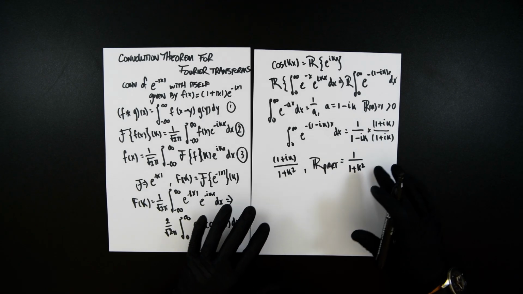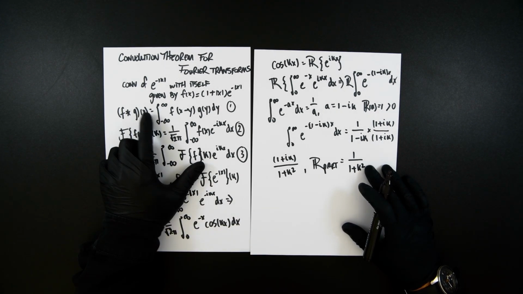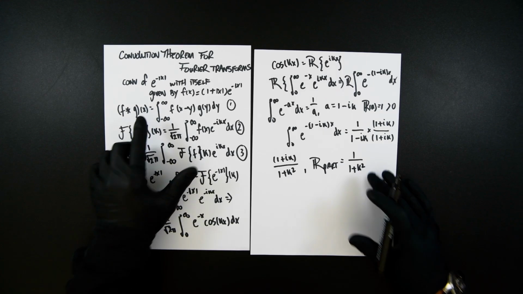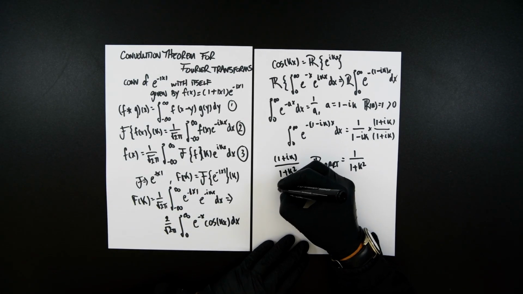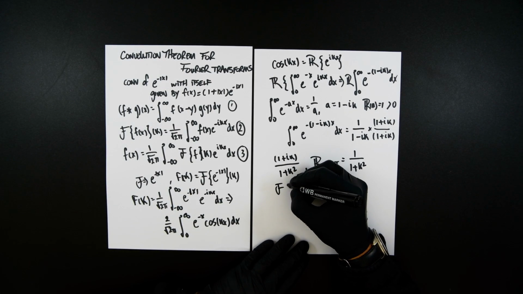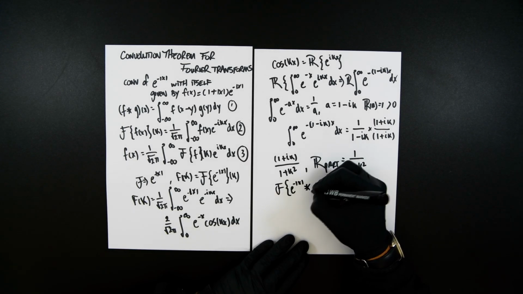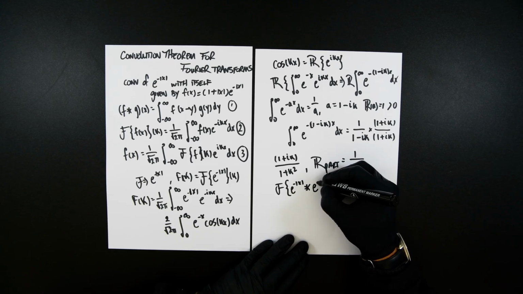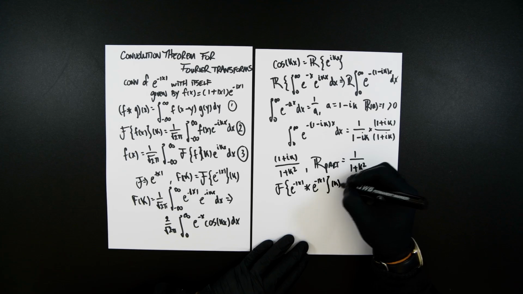Now, the convolution theorem we have over here, we want it to convolve e to the minus modulus x with itself. So that means you're going to get the Fourier transform of e to the minus modulus x and e to the minus modulus x with respect to k.